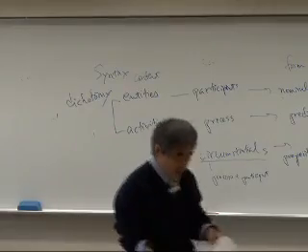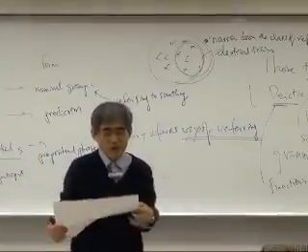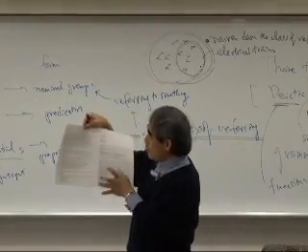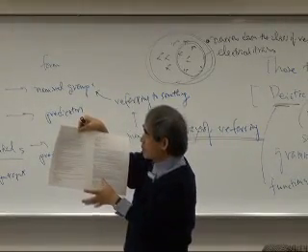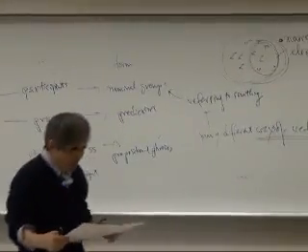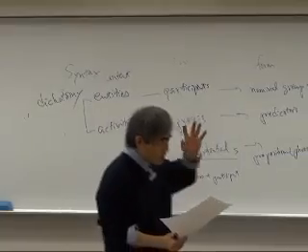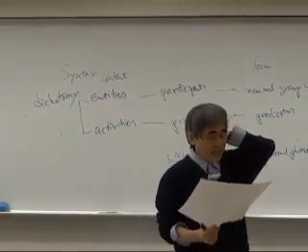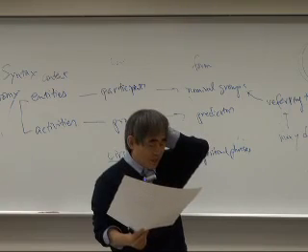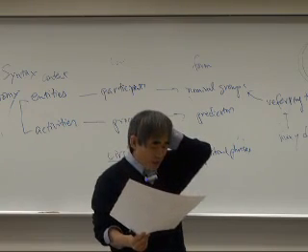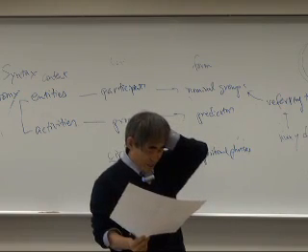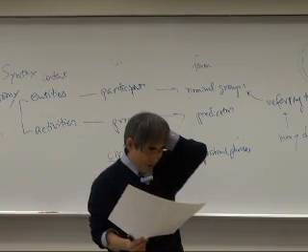Please look at the revised version of the nominal group handout. Before we had just one page, but now we have three pages of different categories. So deictic has two kinds, demonstrative, and then let's see, what else?